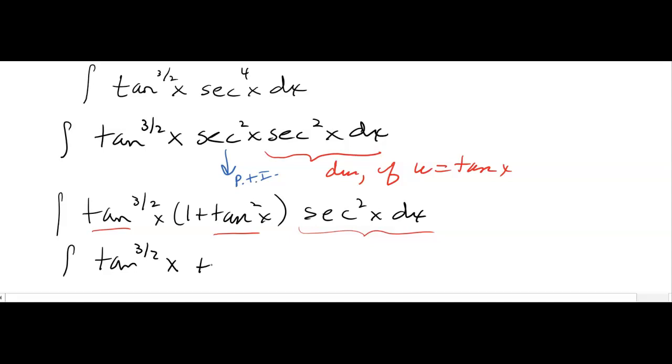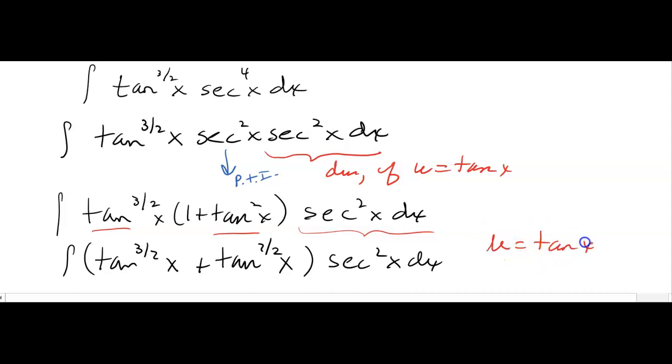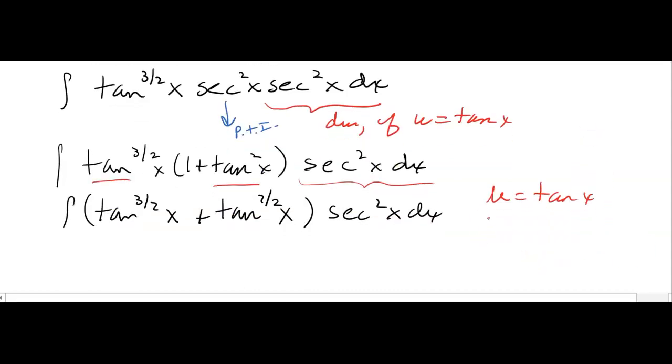So it's 3/2 plus 2, which is 3/2 plus 4 over 2, which is tan to the 7/2 x. So now I can go ahead and let u equal tan x and du equals secant squared x dx.